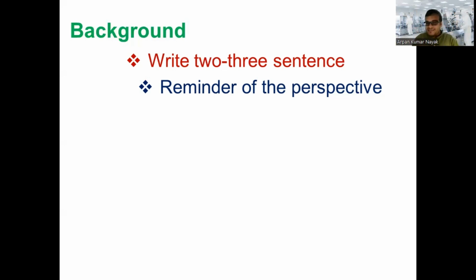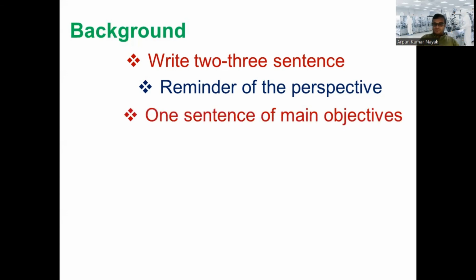The first sentence is the background, and the next sentence will be our main objective: since it was needed, here we want to do this. The first background line will be like there is a need or a challenge to do this, then we did it that way. The second sentence will be our main objective, what we did.